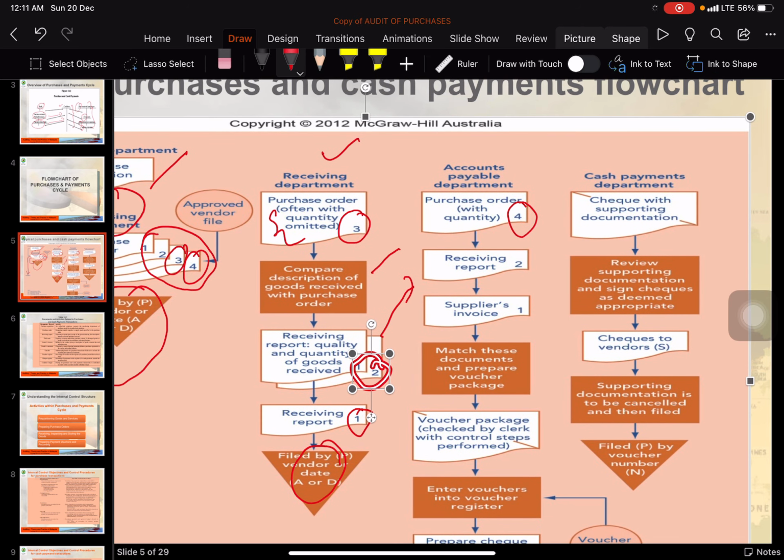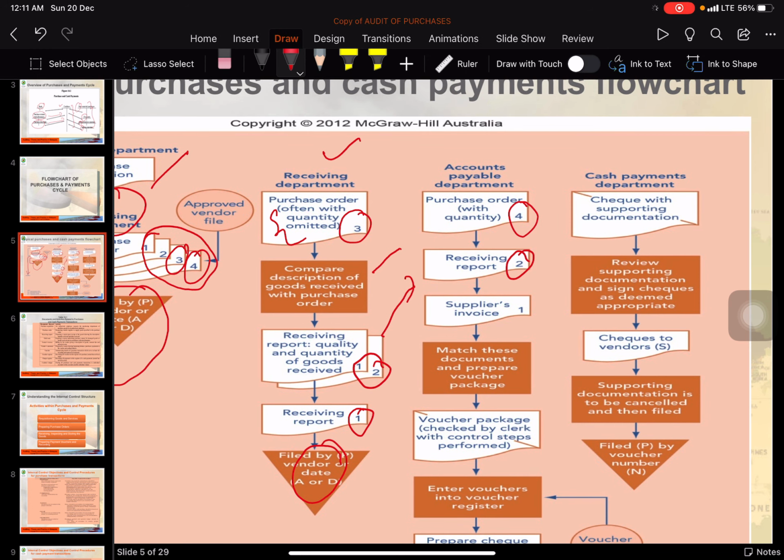In the accounts payable department, they already have the purchase order, the 4th copy, and then they have the receiving report, and they also have the supplier invoice, which was sent by the supplier. They have to match the 3 documents before making a payment.